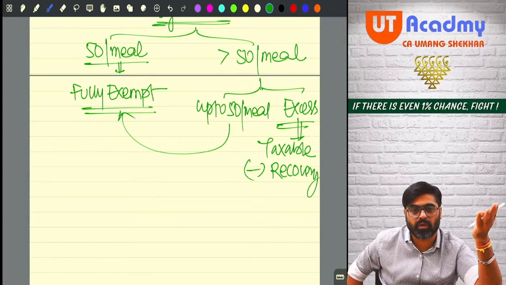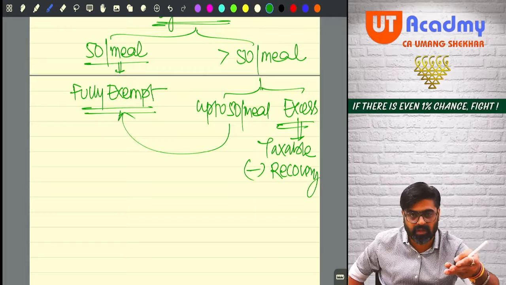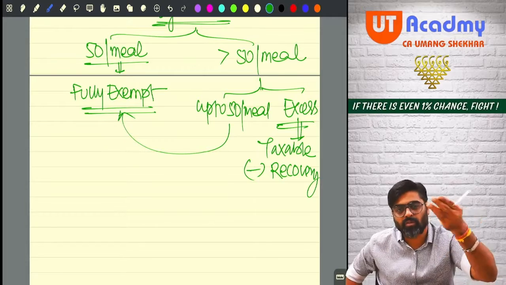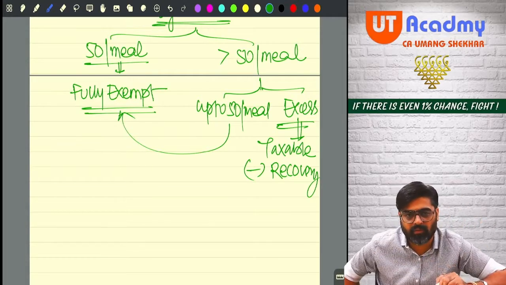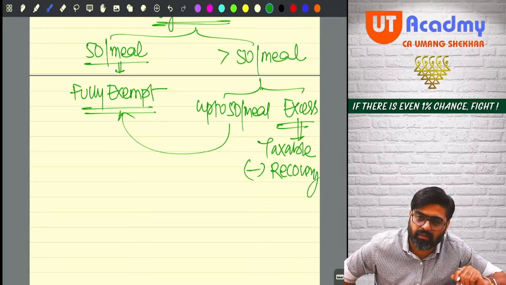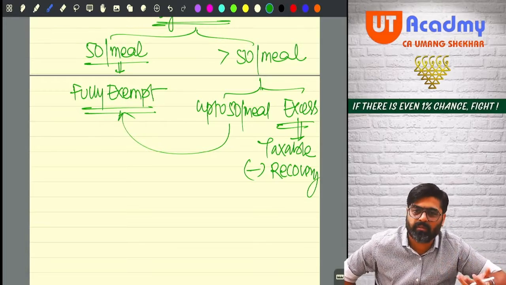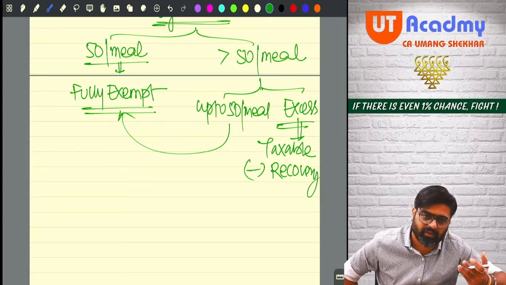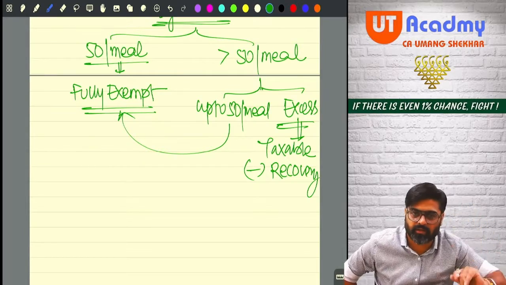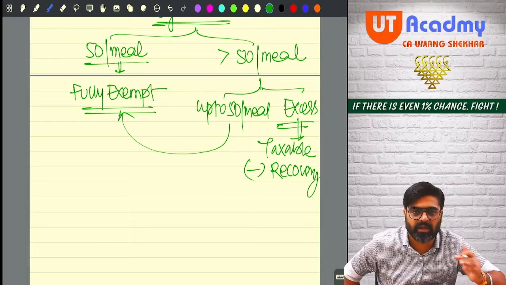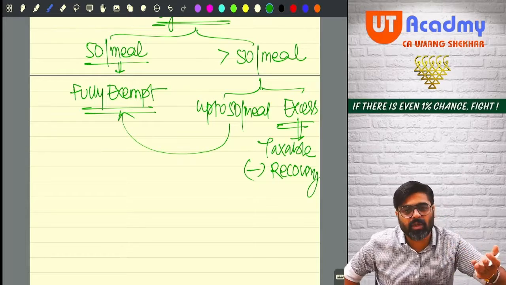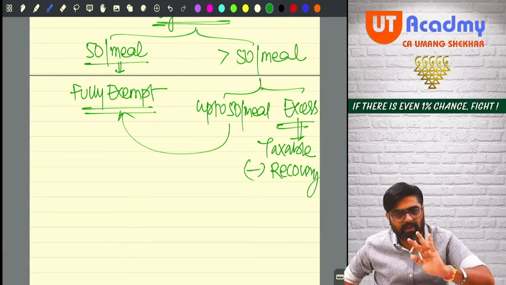If the question tells us for how many days the meal was given, we will multiply by those many days. But if you are not telling, we'll have to take some assumption. And what is the best assumption? Not 365 days. The best assumption is a full year means 300 days. Because those 300 days are the only working days, during which you would have gone and got meals from your employer.